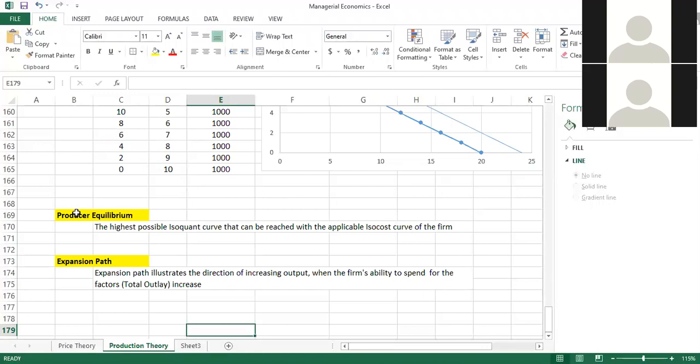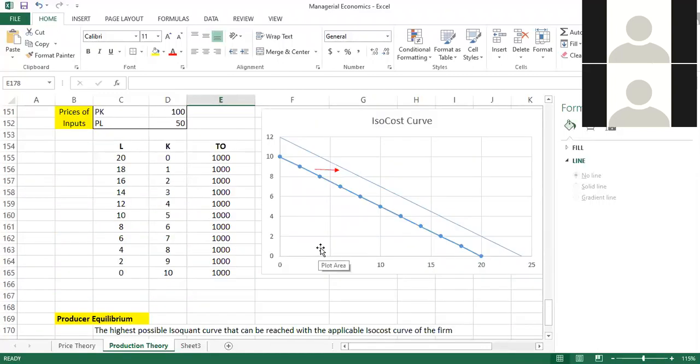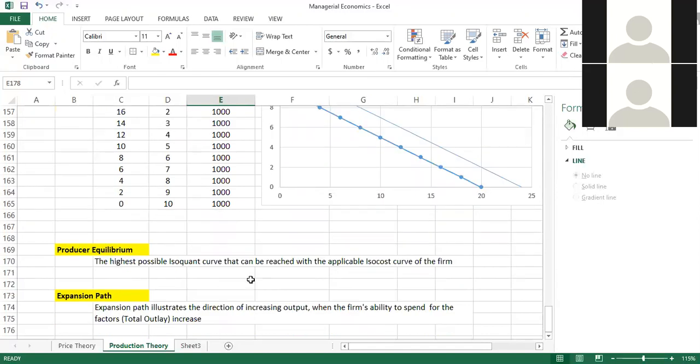So this producer equilibrium and expansion path, we can analyze using the isoquant curve. I will put the page reference here so that you can easily refer. The producer equilibrium is given in page number 230, where a clearer graph is there, right?